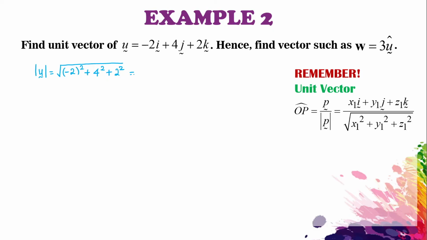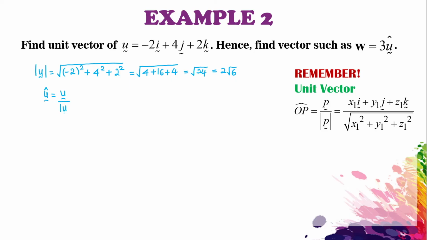So we're going to have the square root of 4 plus 16 plus 4. And then we total up inside the square root. We're going to have the square root of 24, which can be simplified into the simplest form, which is 2 square root of 6. Next, in order to find the unit vector, we have the formula, which is vector U divided by its magnitude.